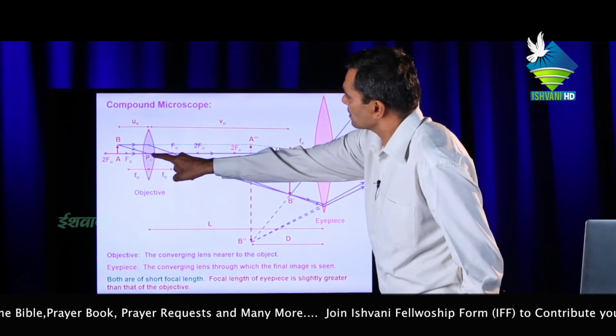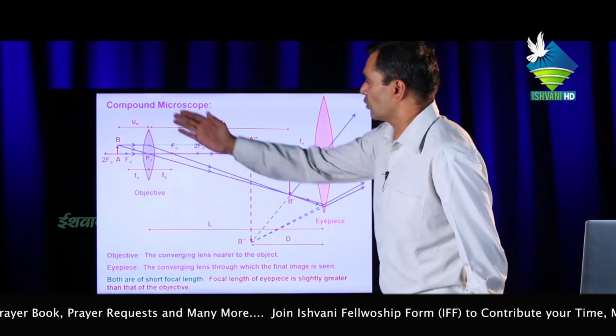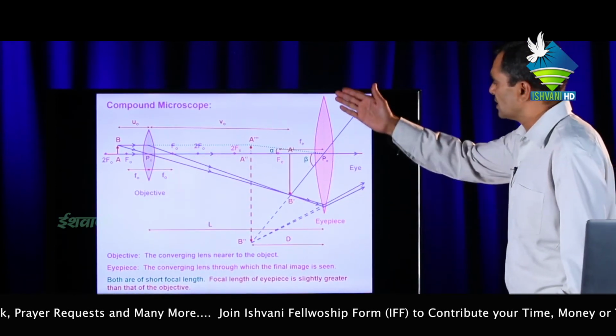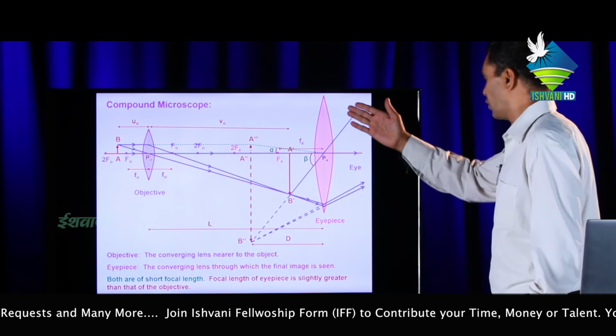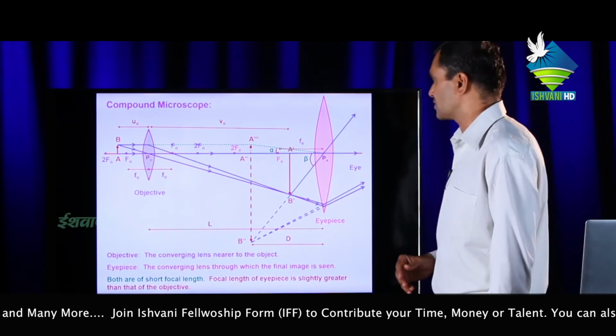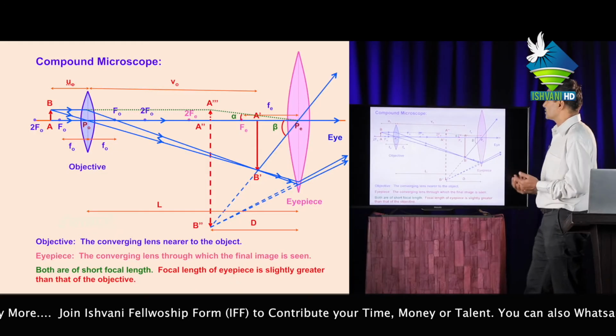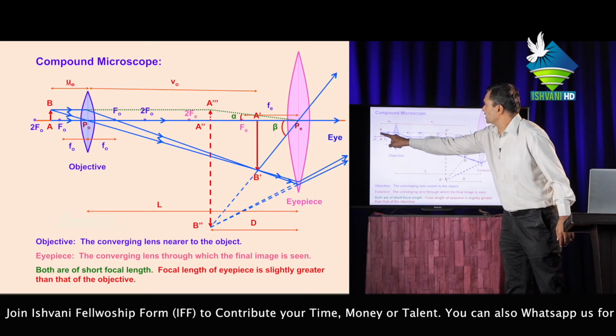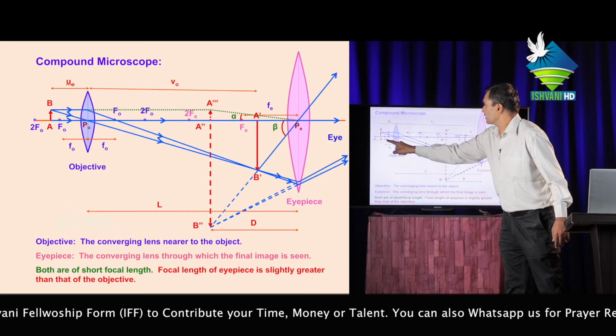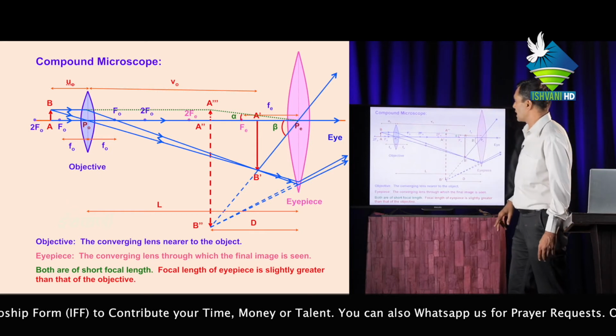Since this lens is kept towards the object, it is called the objective lens. Since this lens is kept towards the eye, it is called the eyepiece or eye lens.